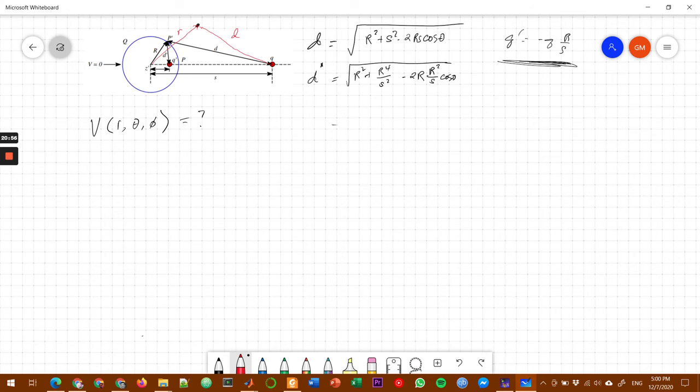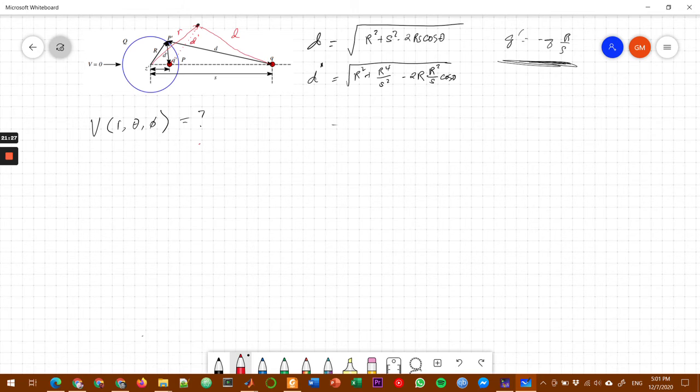And then this would be the same, small s. And also for q prime, I draw a line there. This would be d prime. So this would be d.